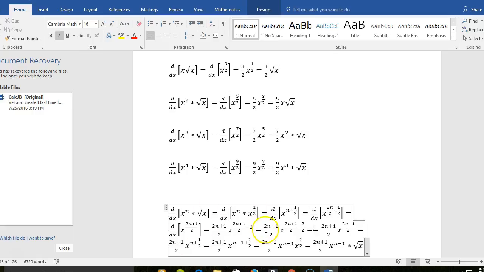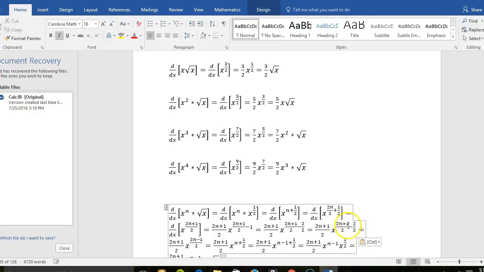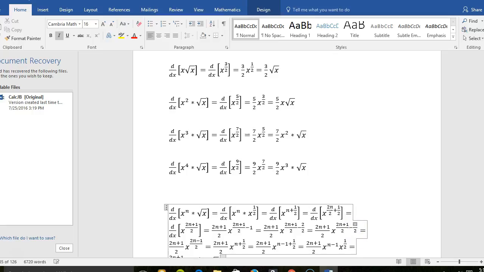Now let me do a little copy and paste for the sake of my sanity. I just copied this and pasted it right here. Now we have a common denominator too. So a over 2 minus b over 2 is a minus b up top, the whole thing over 2. So I can bring that minus 2 upstairs.